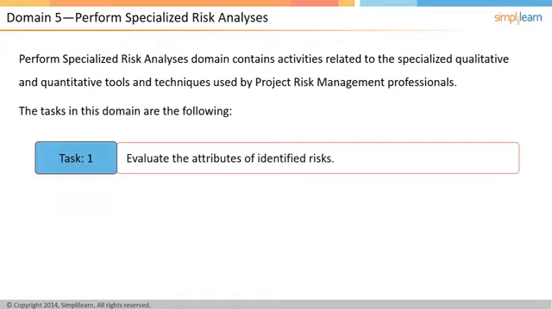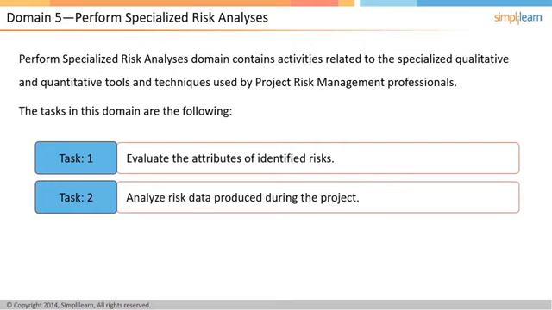The first one is to evaluate the attributes of identified risks using advanced quantitative tools and specialized qualitative techniques, which help in estimating the overall risk exposure of the project. The second task is to analyze risk data, which is produced during the project, to determine the SWOT, abbreviated as Strength, Weakness, Opportunities, and Threat, of risk strategy and process, and recommend process improvement as needed.